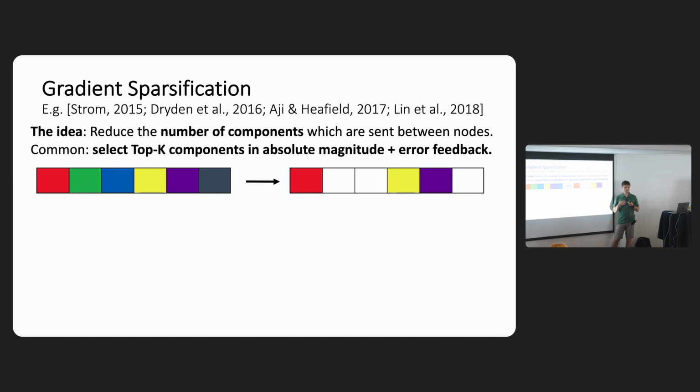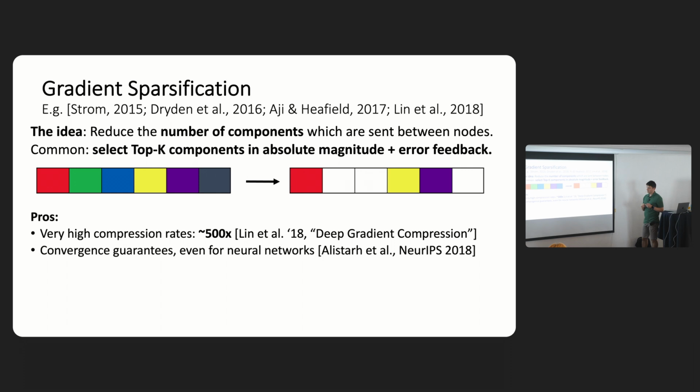So instead of reducing the number of bits that I use to illustrate every component, I will only send, let's say, large components, and the other ones I will throw away. Okay, this doesn't quite work, but there's a version of this that works. With this, you can actually achieve very high compression rates, like close to 500x for reasonable tasks.